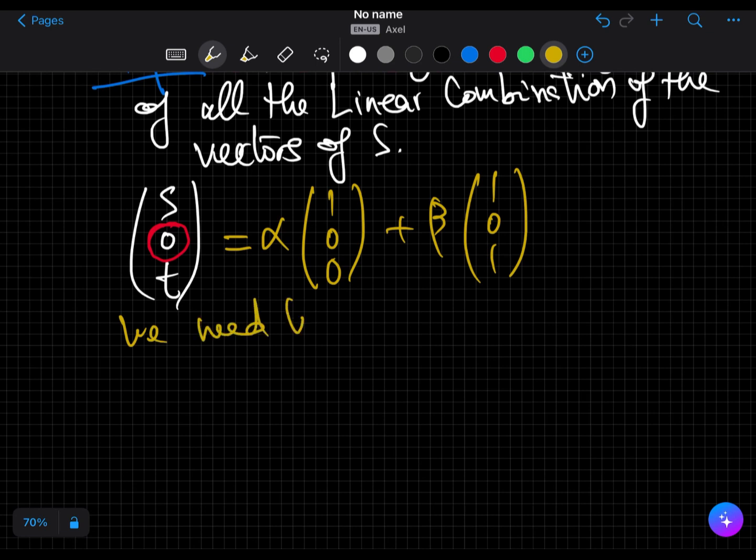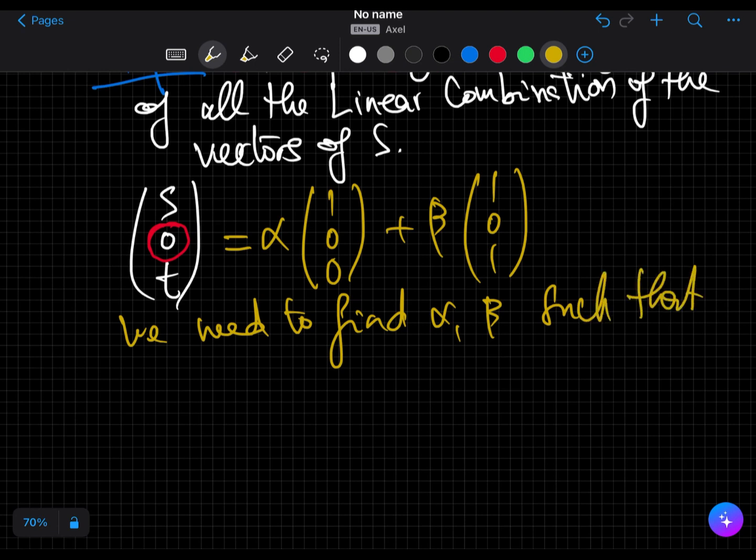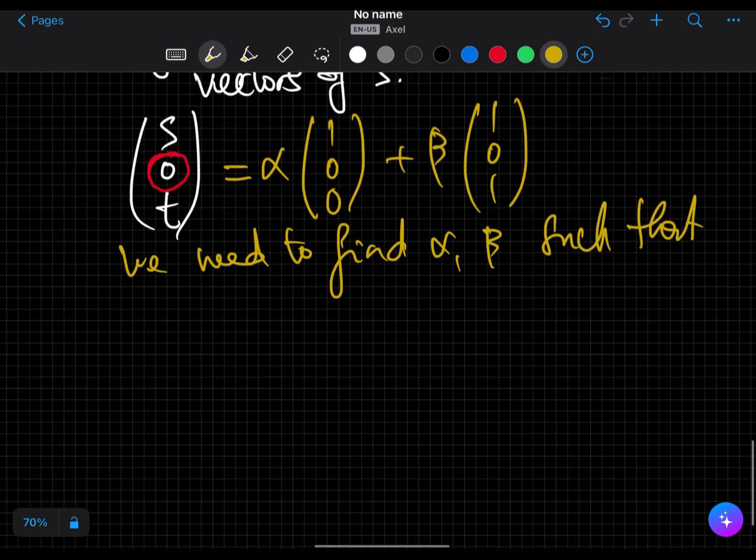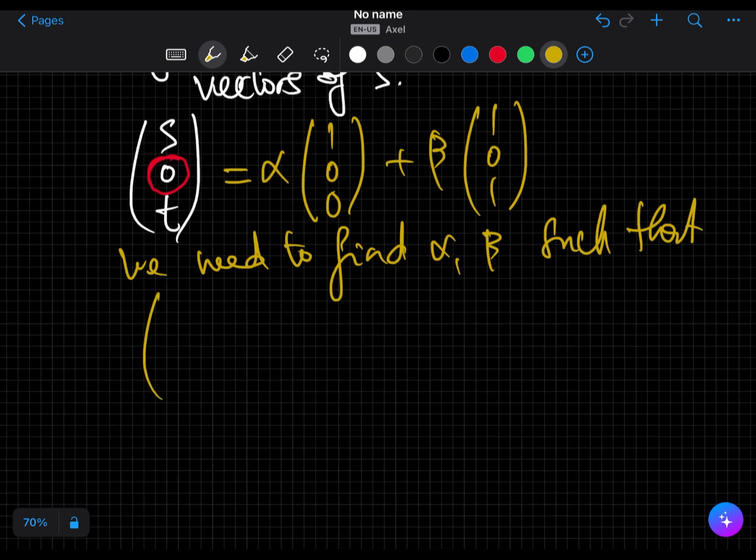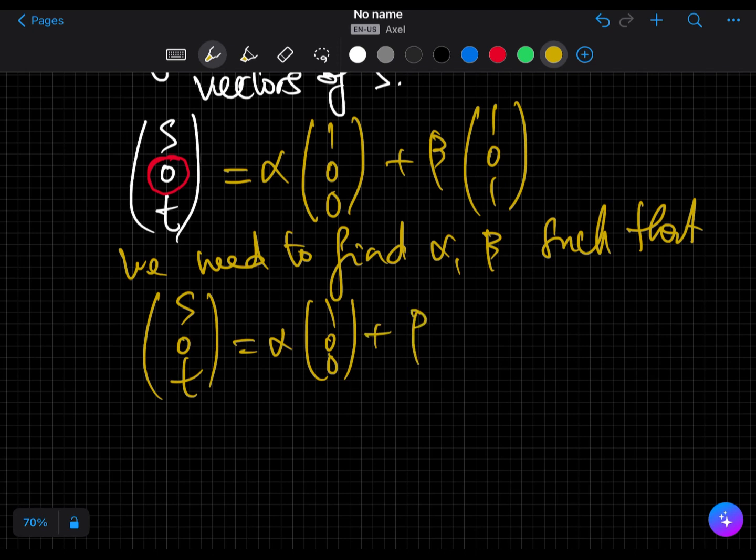We need to find alpha and beta such that this writing is possible: (s, 0, t) equals alpha(1, 0, 0) plus beta(1, 0, 1).